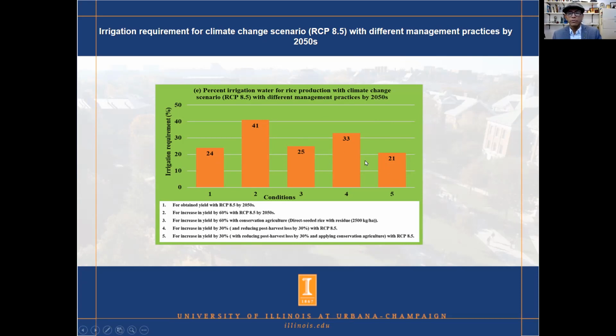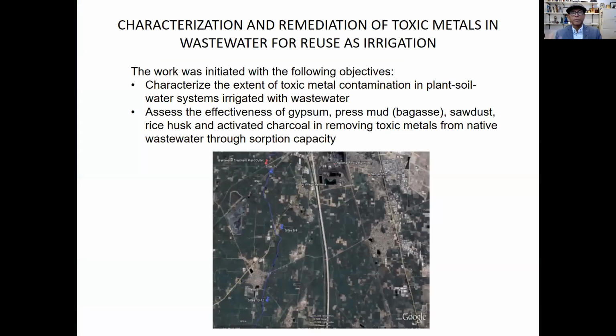Now, here you see a 20% reduction in water. That's a significant savings in water, and we can do that. All we have to do is do some scientific investigation, develop methodology, try that, and then adopt those practices. This will save our water, and we will be able to produce more crops, and similar modeling can be done for other crops.